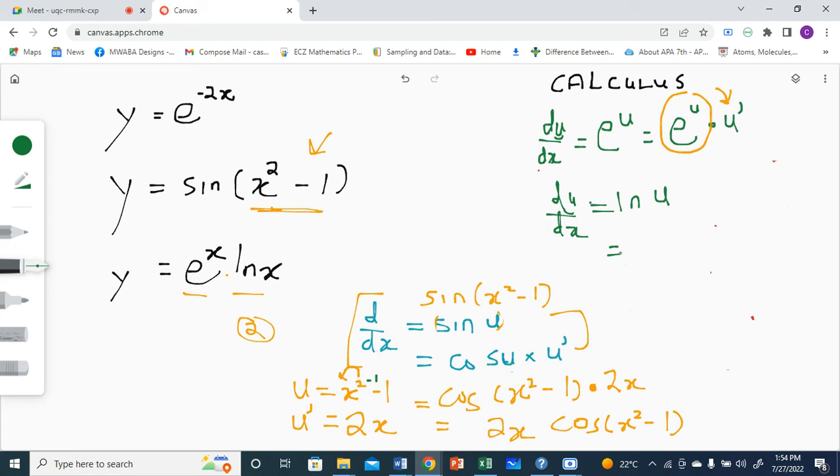The derivative of the natural log of u is u prime over u. All right. Meaning you have to derive your u, and put it over u. Okay. So I will illustrate this with this natural log here. So let me just erase this part too.